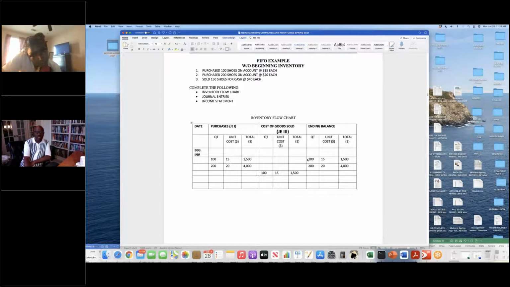Now we know all of these are gone. But we sold 150, so we have to come in here and get 50 more. These shoes cost $20 each, and so the total on this 50 that we sell is going to be $1,000, right?